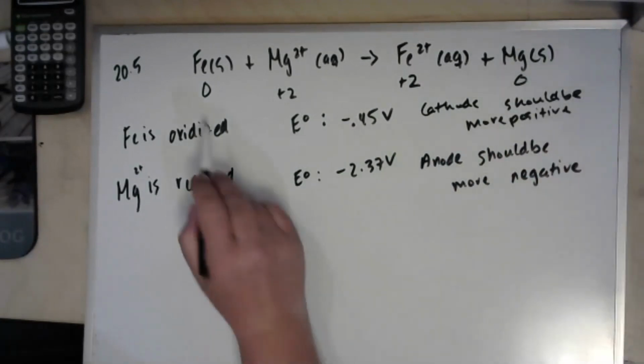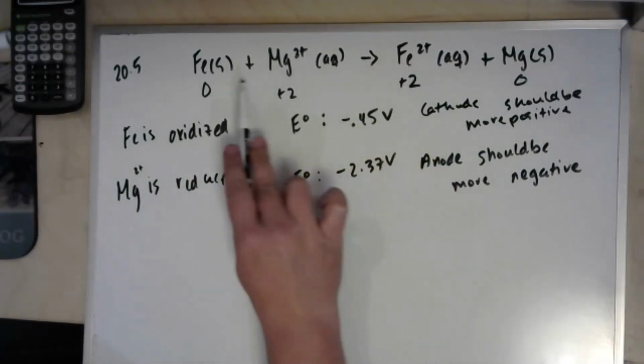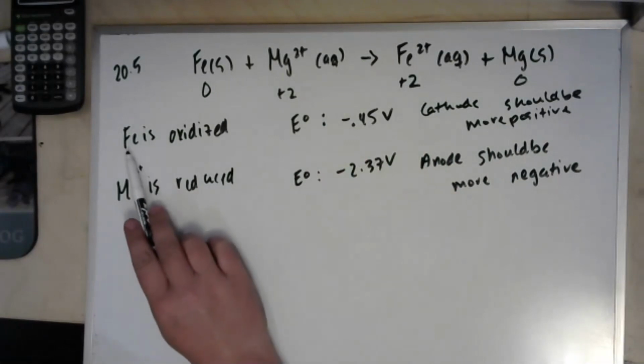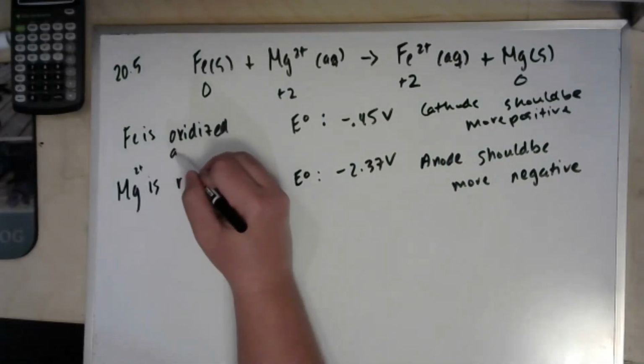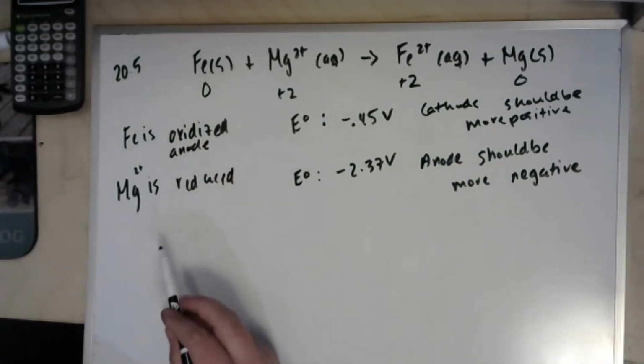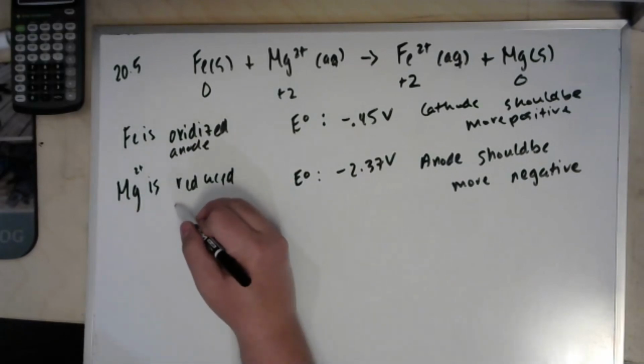But in the reaction that we were given, the way that this is written and presented to us, it's saying that the iron is oxidized, and the species that's oxidized is the species that goes at the anode. Magnesium is being reduced, so it should be at the cathode.